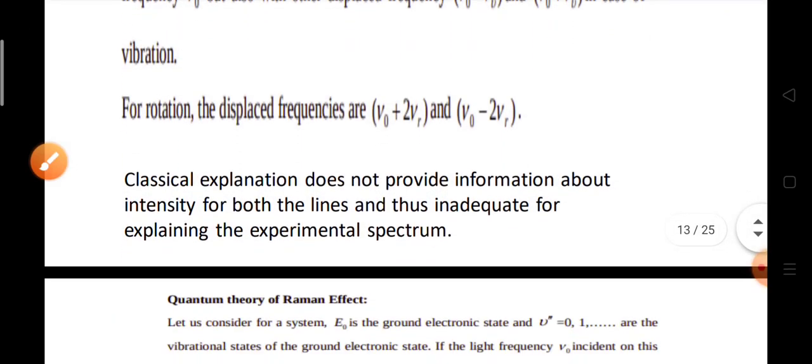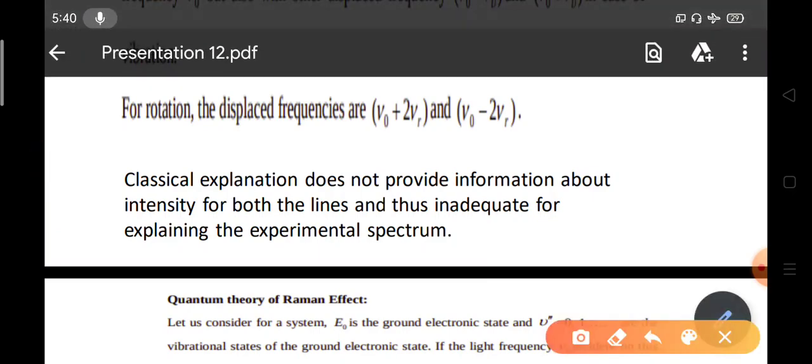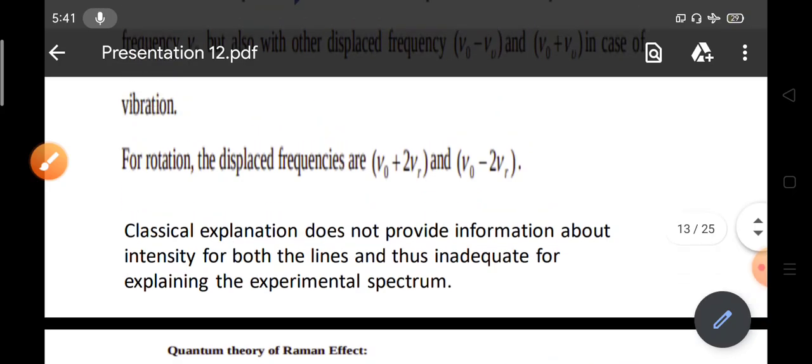Okay, but this is quite good. The classical explanation gives us an understanding about the Rayleigh scattering, the Raman scattering, the Stokes line, anti-Stokes line, but the classical explanation fails somewhere, because it doesn't provide information about the intensity of both the lines, and is thus inadequate for explaining the experimental spectrum.